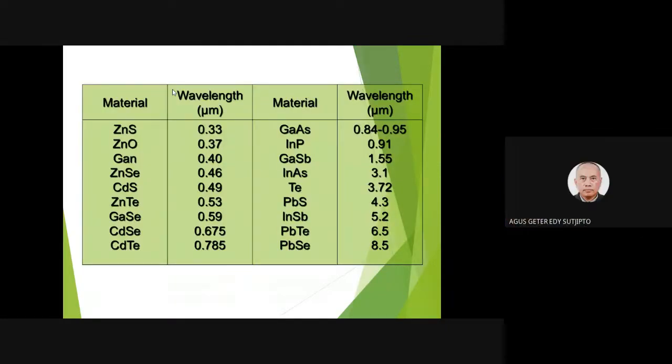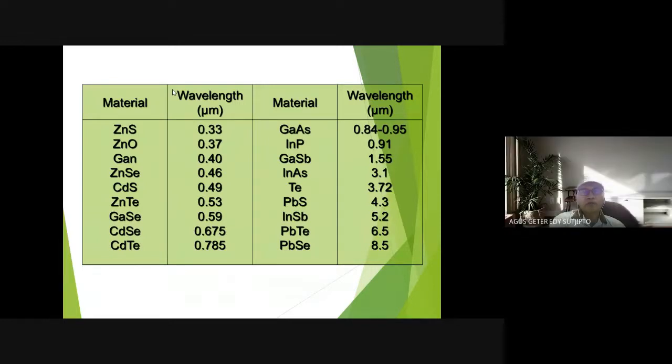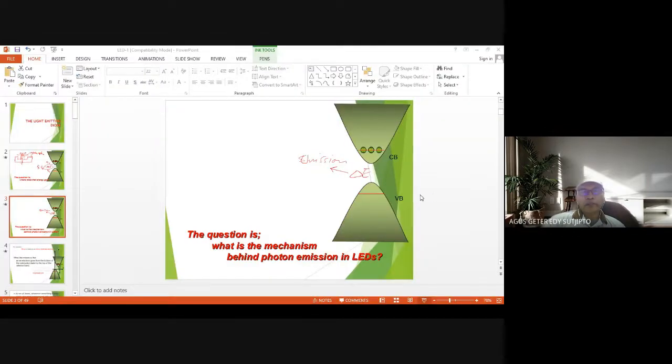There are many semiconductor materials that produce emitted light of a certain wavelength. So many. Okay, so this is the technology of the light emitting diode. I think I have finished this, the application of the diode for light emission.